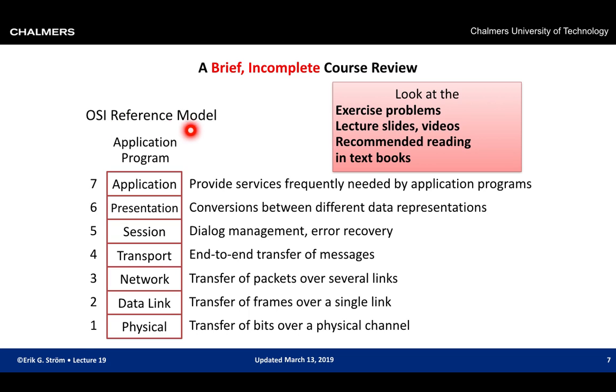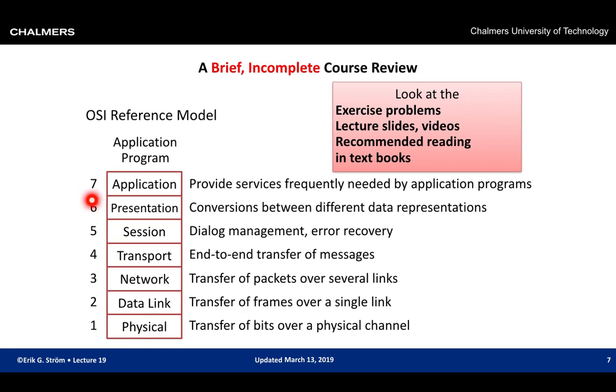There is the OSI reference model. It has 7 layers in total, and the layers have different tasks. This is the way it's sliced up in the OSI model. There is another slicing for the TCP/IP model, but it's not fundamentally very different.